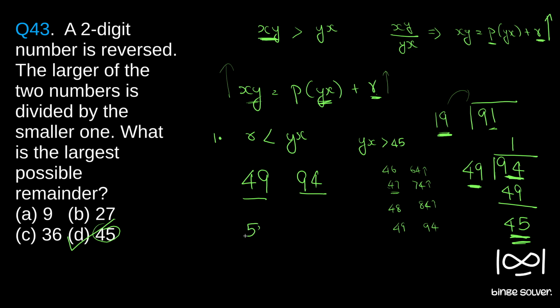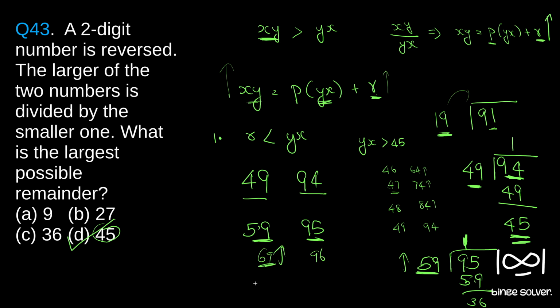So 59 and 95. If you take 95 by 59, again 1 will come, and this number got increased. For 49, this number was much smaller and the remainder was larger. Here, since it is 59, the remainder becomes 36, so the remainder got reduced.